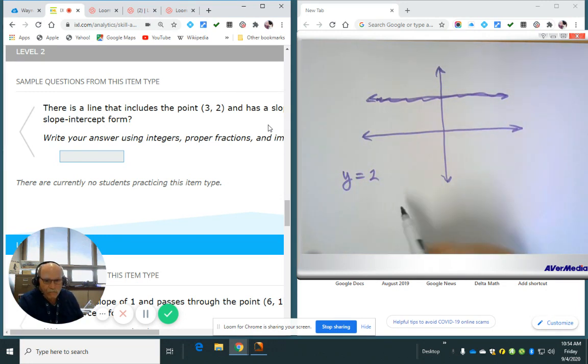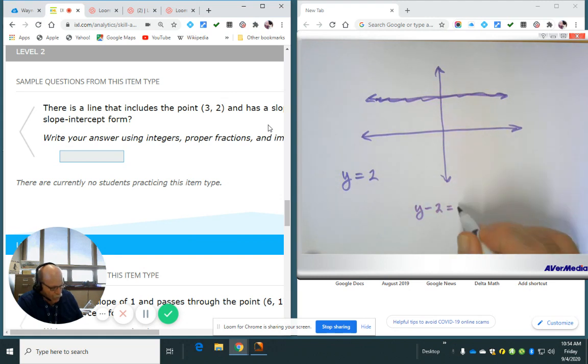Now, if you wanted to figure it out yourself, we have (3, 2), so y minus 2 equals, the slope is 0, 0 times x minus 3.